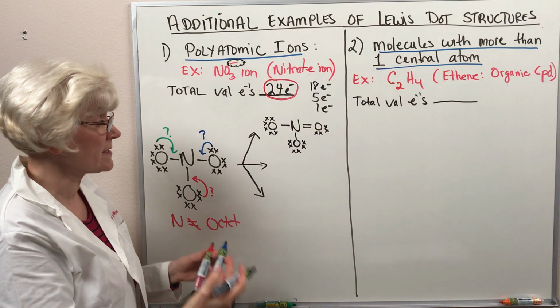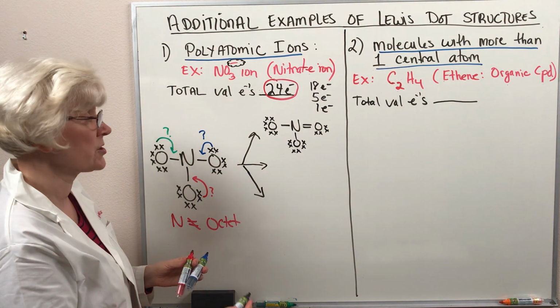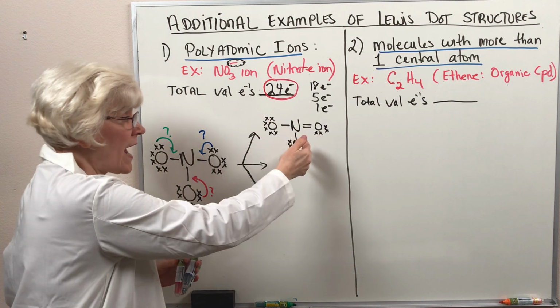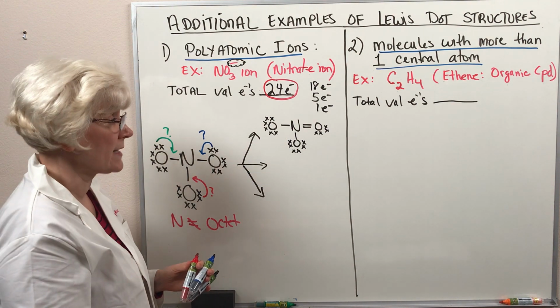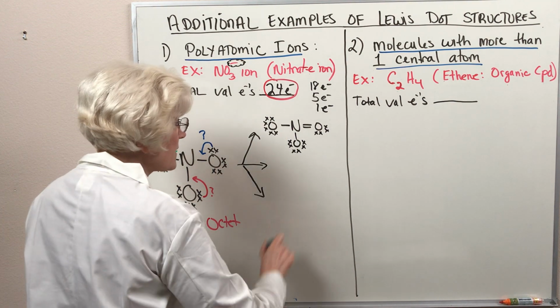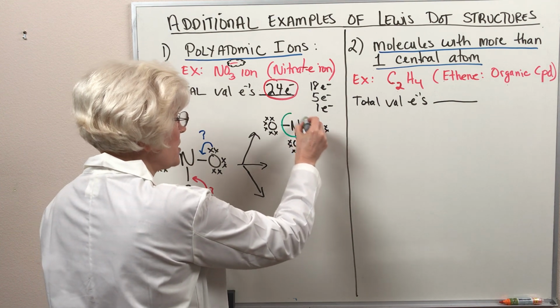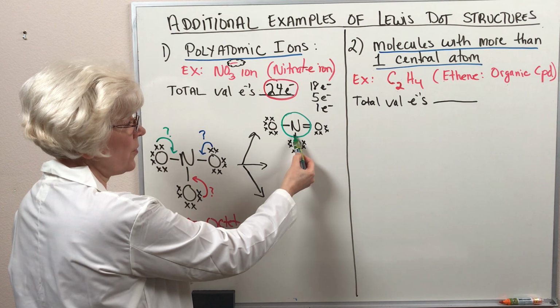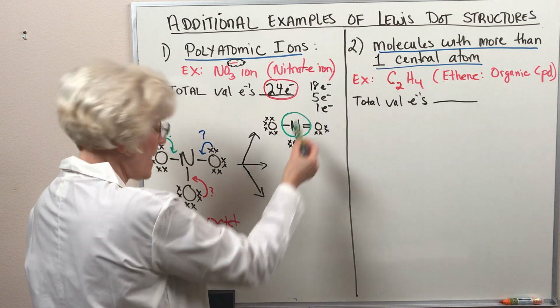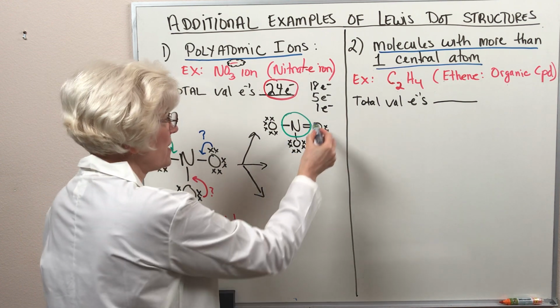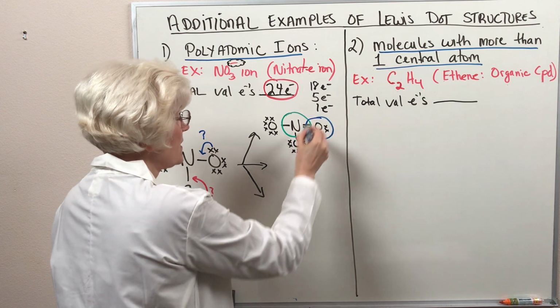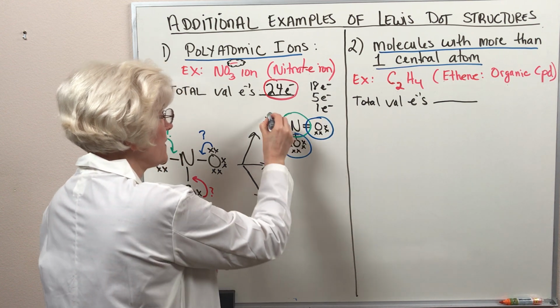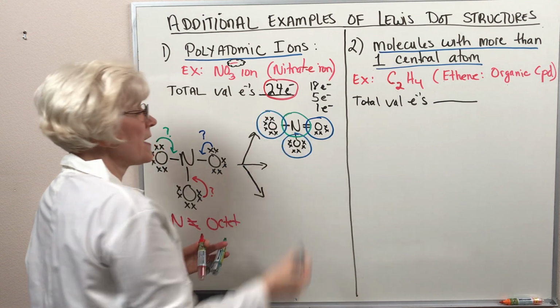And now I'm going to stop and look at my picture. Does every atom have an octet? And as I look, I see nitrogen has its octet, double bond here, 2, 4, 6, 8, and all of the oxygen atoms likewise are obeying the octet rule as well.